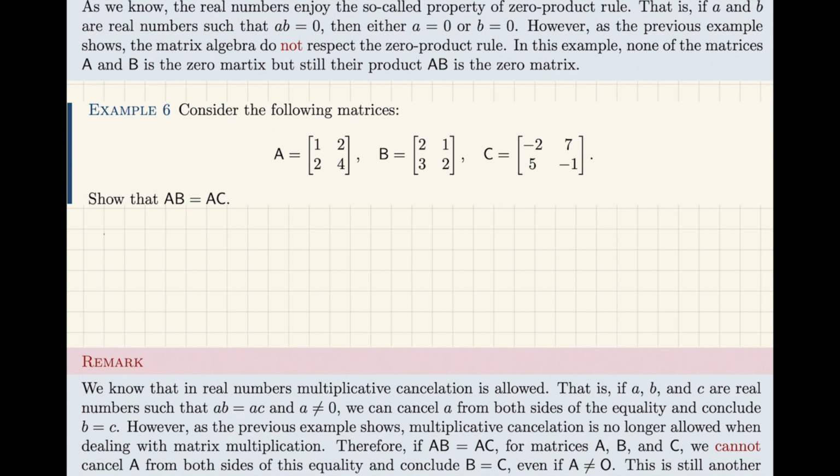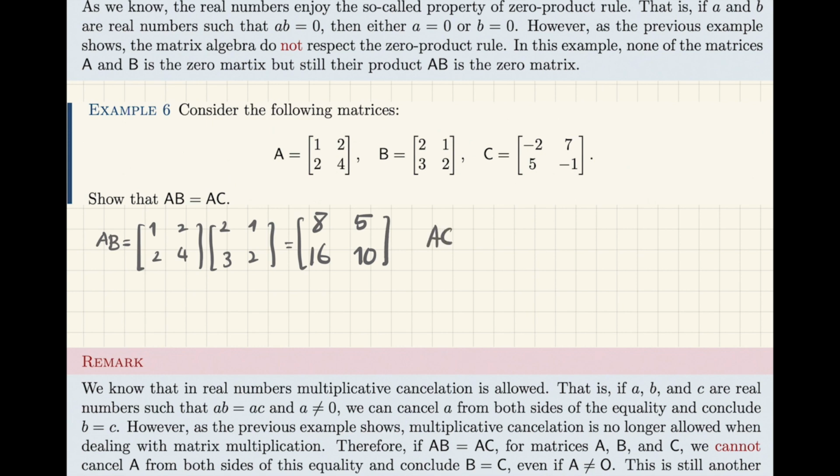So here, A times B is what? 1, 2, 2, 4 multiplied by 2, 1, 3, 2. The answer is 2 plus 6 is 8, 1 plus 4 is 5, 4 plus 12 is 16, and 2 plus 8 is 10.